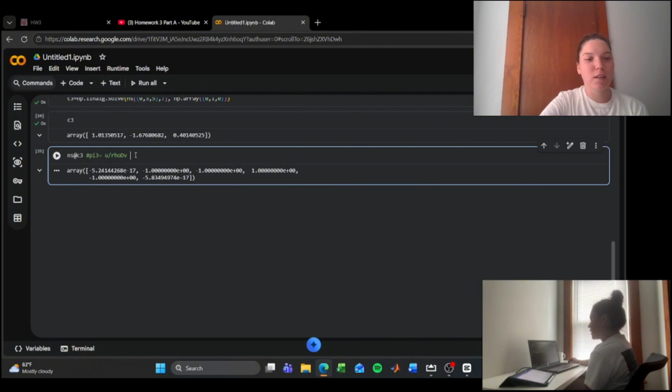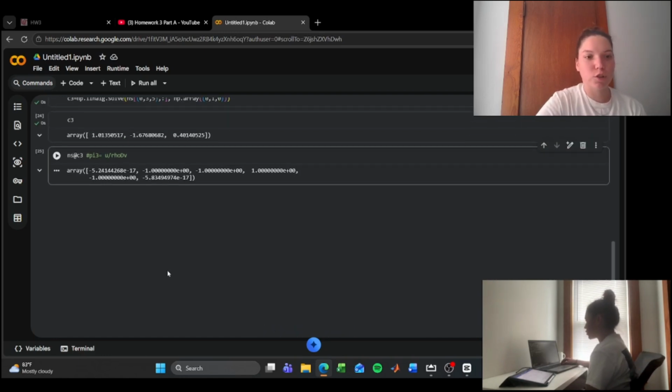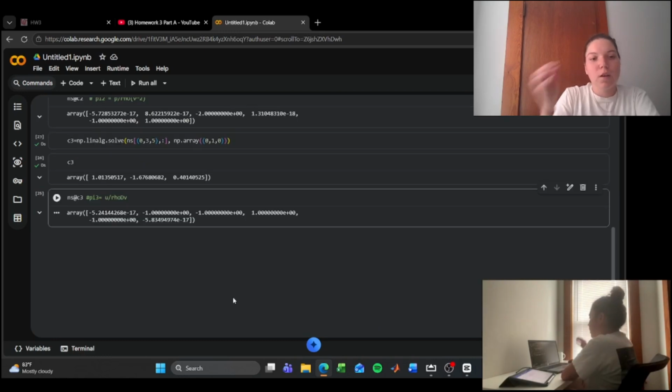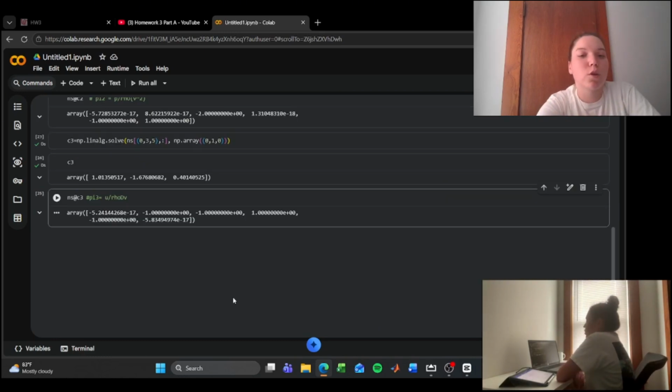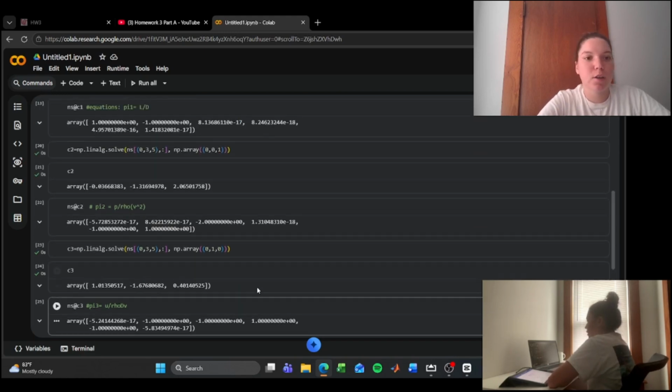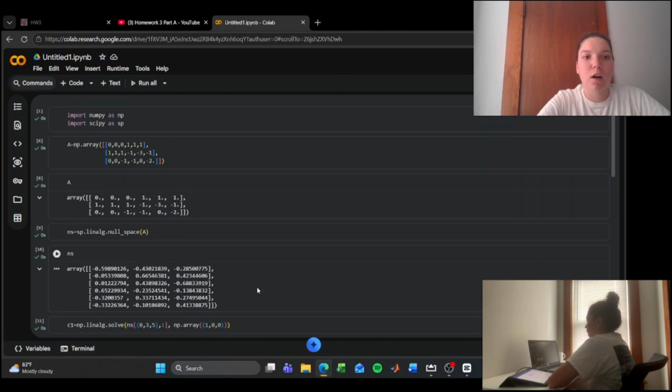This is going to be the same as the inverse of the Reynolds number, but that's the dimensionless number for C3. Okay, so that's how you use the null space to solve for dimensionless numbers, and we did that here in Python doing like an automated version of the Buckingham Pi method.